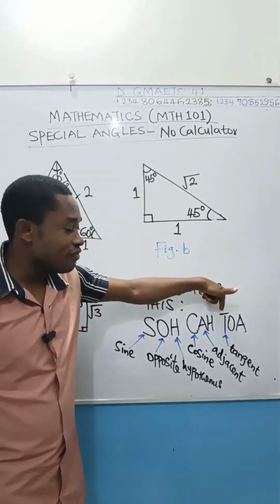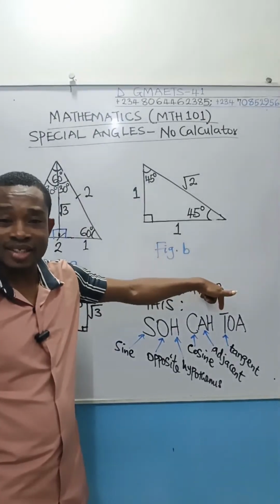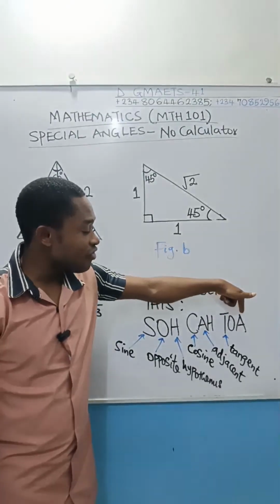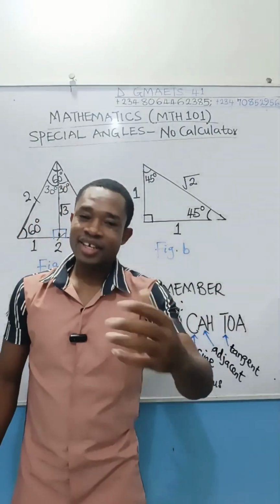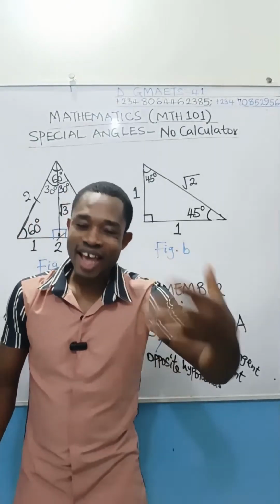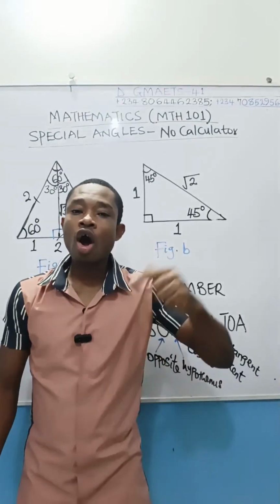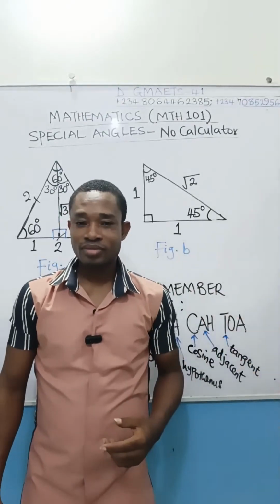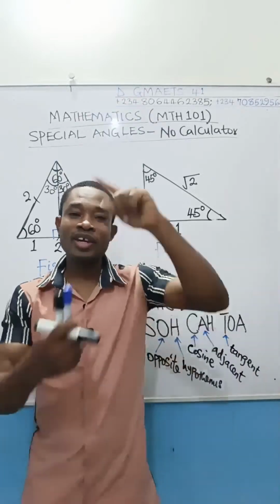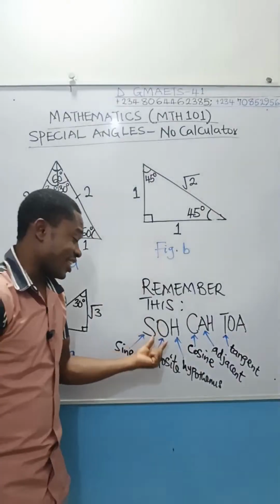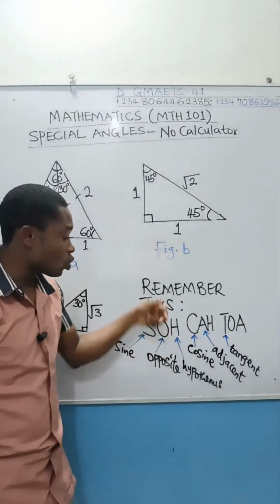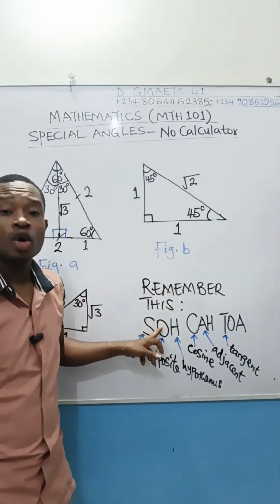If I ask you to evaluate tan of any angle, tan theta, it will be opposite divided by adjacent. If it is cosec, sec, or cot of an angle that I want you to get, cosec is simply the inverse of sine. So to evaluate cosec, I'll come to this sine part. Cosec will now be hypotenuse over opposite.